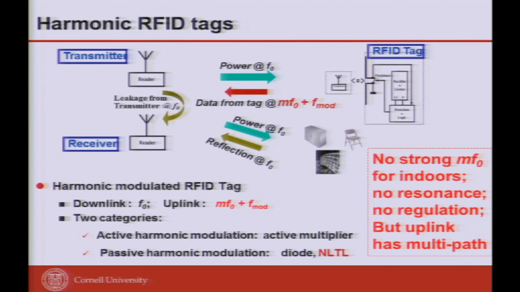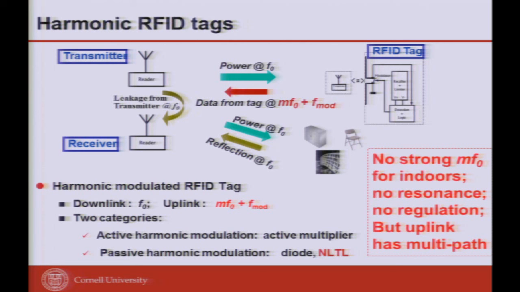Okay, so in a room, there are no strong harmonics, even indoors. It will hardly be in resonance. And because the reflection is in passive mode, it's not under FCC. The second and third harmonics being reflected, the backscatter signal, is not under FCC regulation.